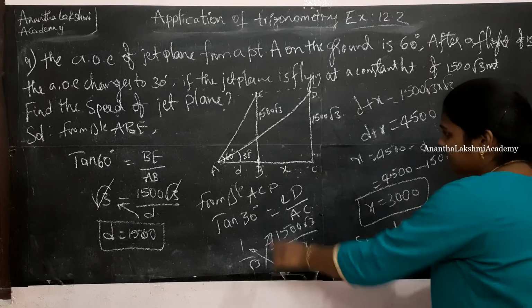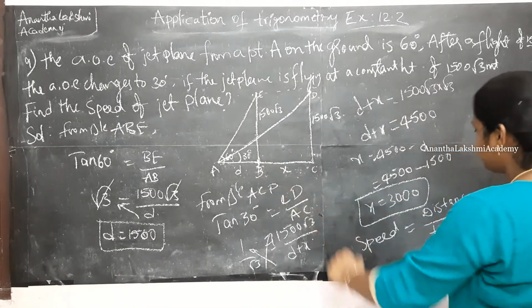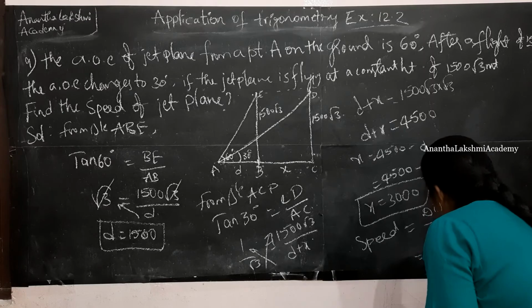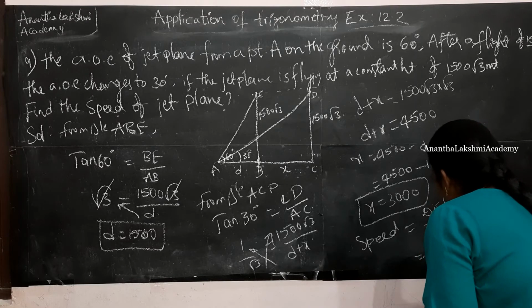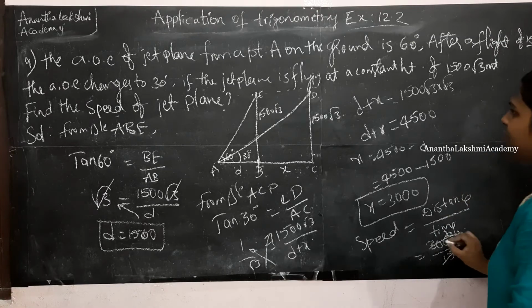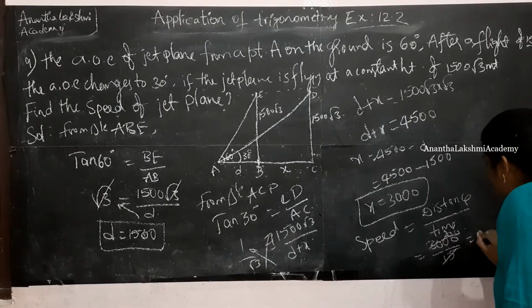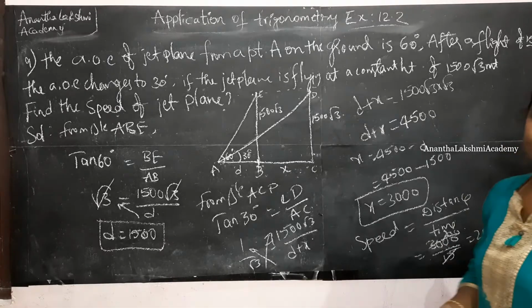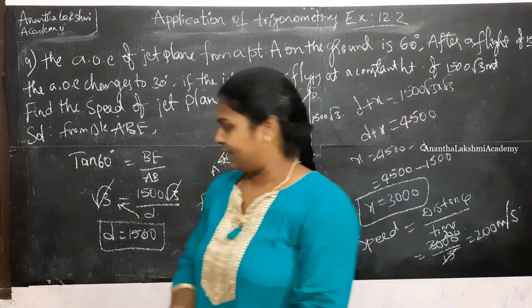The distance it has covered in 15 seconds is 3000, divided by the time, 15 seconds. So the speed is equal to 200 meters per second. So this is about problem number 9.